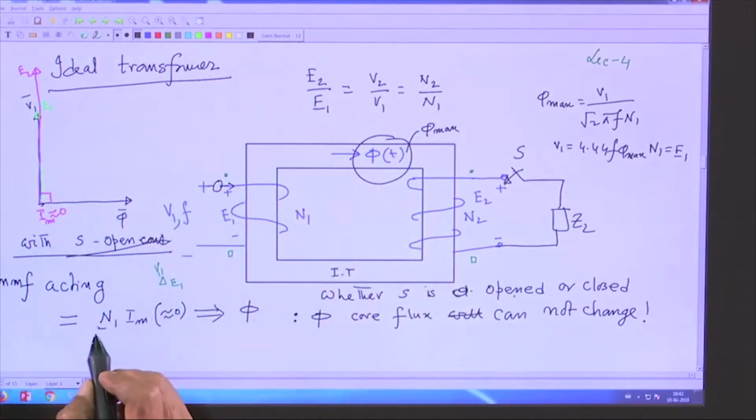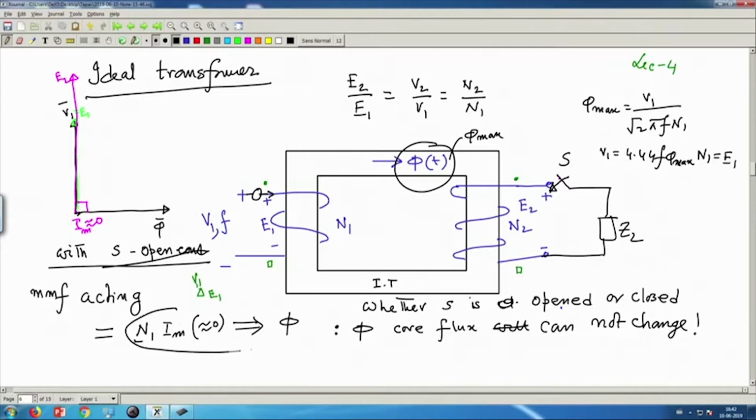You must understand this N1 Im when S was open created this flux in the core.